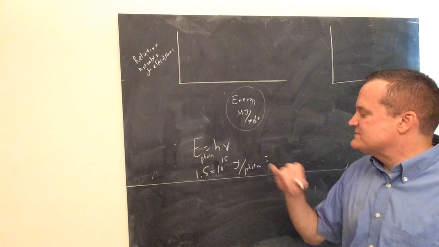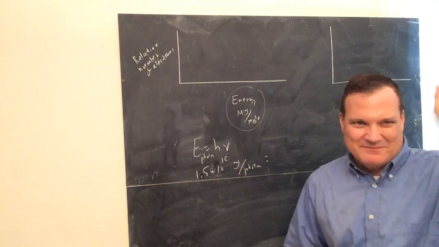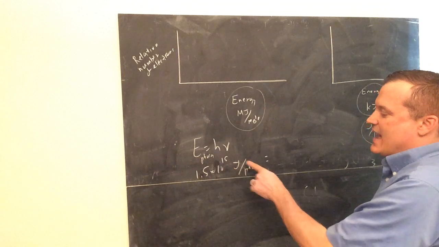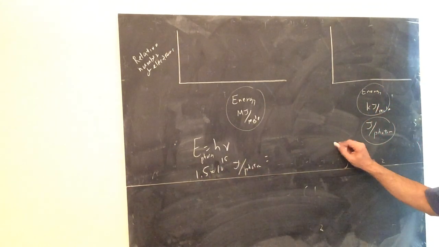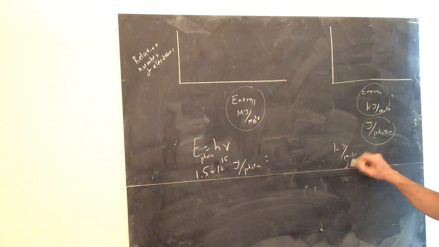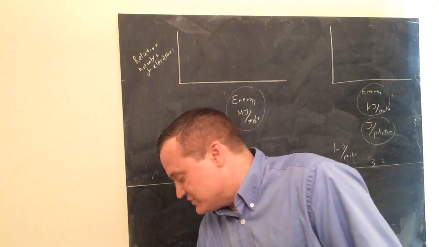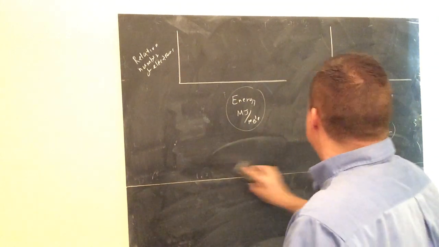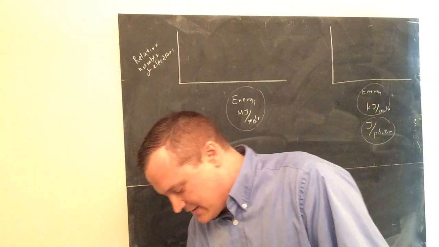If the energy of this little red photon, I'll just make it up, is 1.5 × 10^15 joules for every photon, you should know how to turn that into kilojoules per mole or into megajoules per mole. I'll just add that to the side. I'm not going to be doing any math right here.